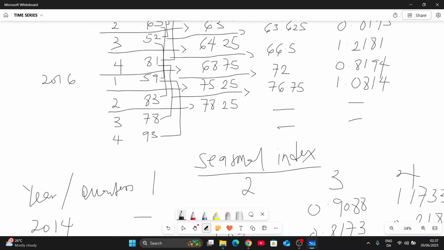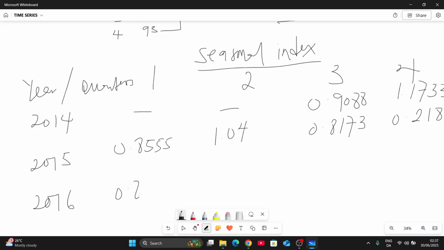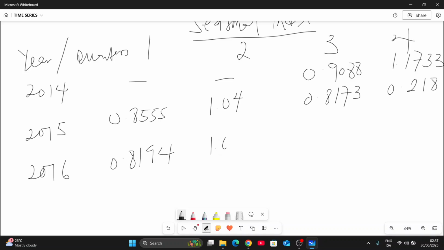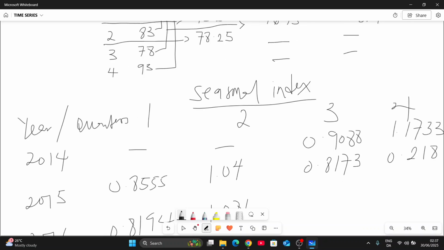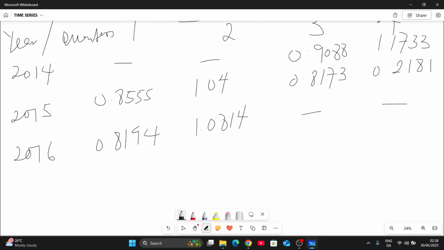Then for 2016, we have 0.8194 and 1.0814, and for the last two quarters in 2016 too, we have nothing there.